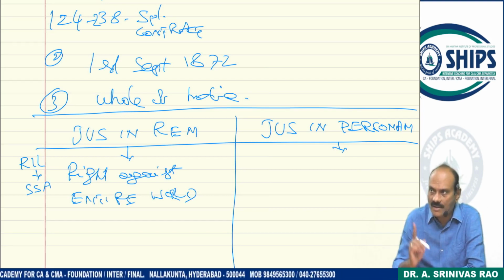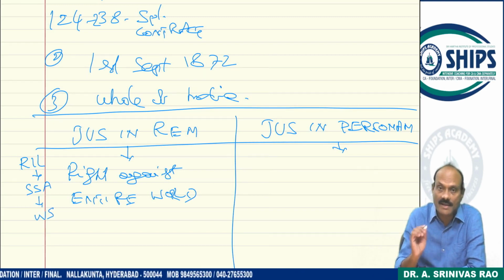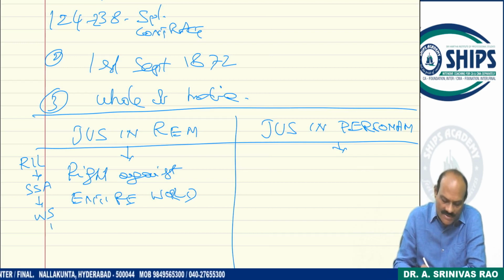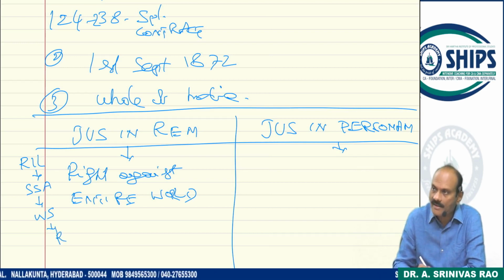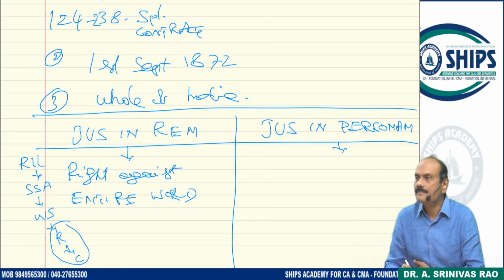Entire country they have one sole selling agent. From sole selling agent to wholesaler. From wholesaler to retailer. Retailer to customer. As a customer, I go and buy the goods from whom? Retailer.